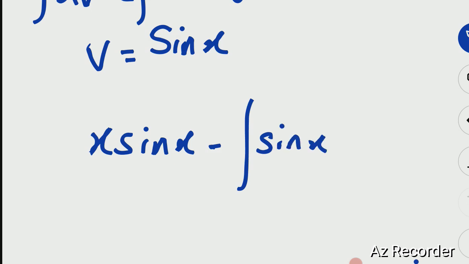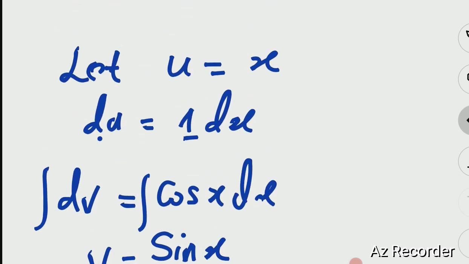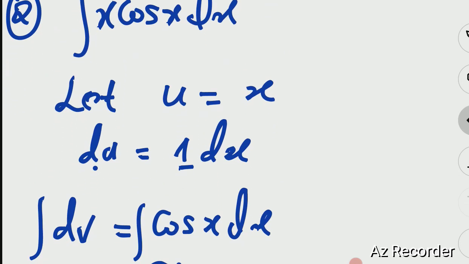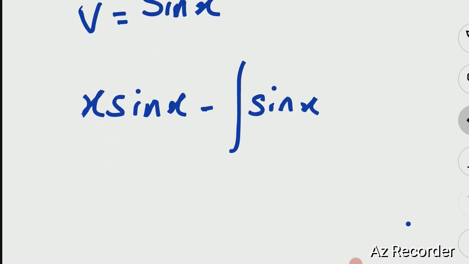What is our du? Du here is 1 times sine x, remaining unchanged, so no need to put in 1 there. So that's it. The rest now is just simplification.